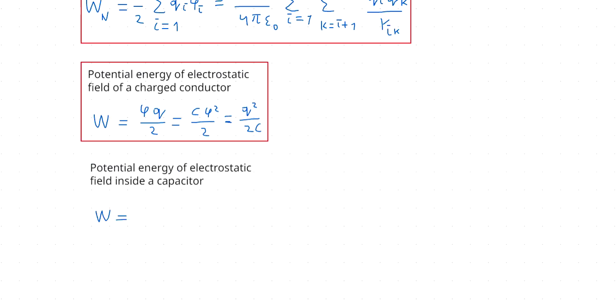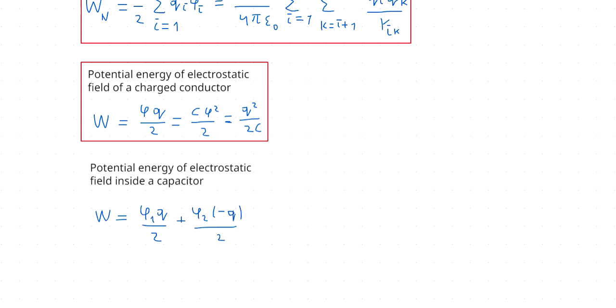So the first conductor has charge Q and potential phi1, plus the energy of the second conductor, which has charge minus Q, and divided by 2.